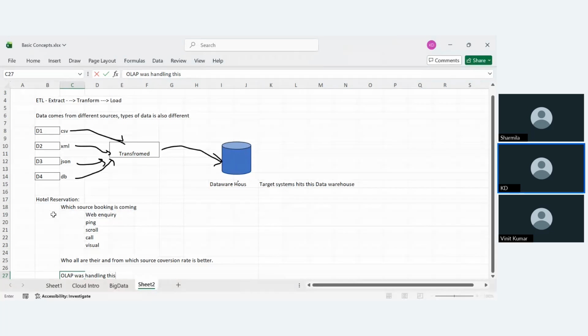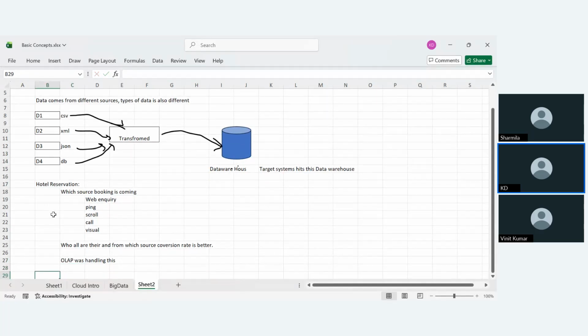Okay, so here the problem was that when we collect data from multiple sources, we are not sure which data is trustable, right?